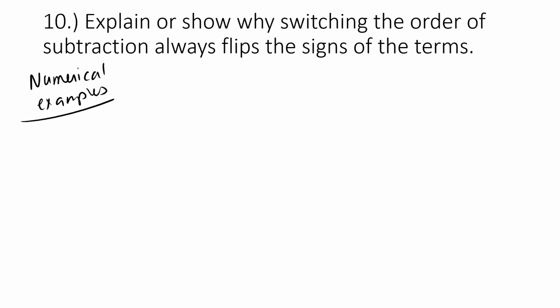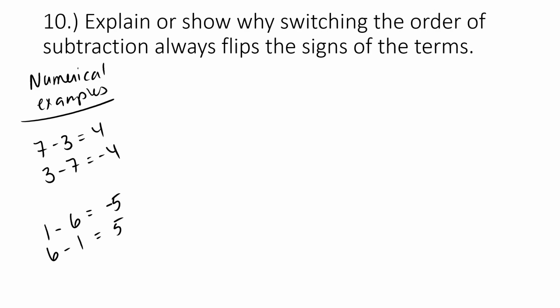Okay, so if I have 7 minus 3, that's 4. If I have 3 minus 7, that's -4. And we can see there that when we switch the order of the subtraction, we flipped the sign. Suppose I have 1 minus 6, that is -5, and 6 minus 1 is +5.